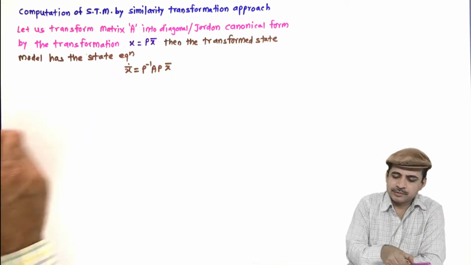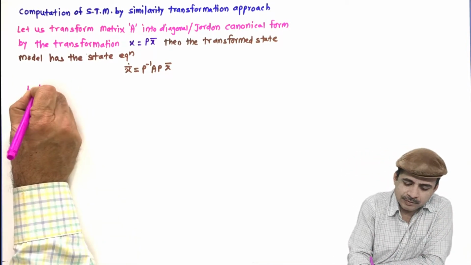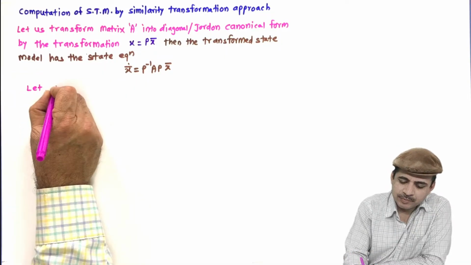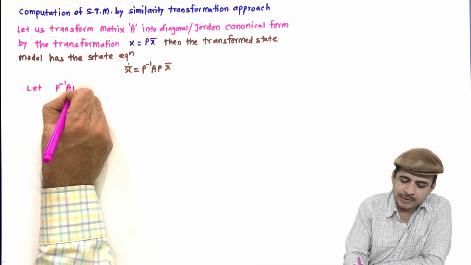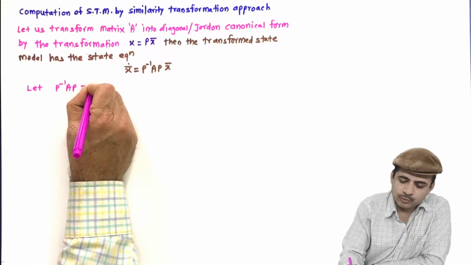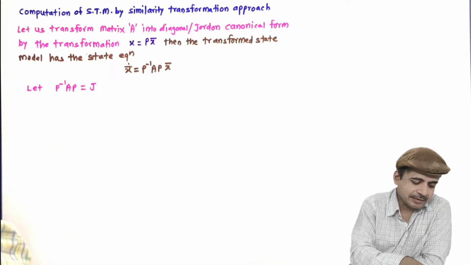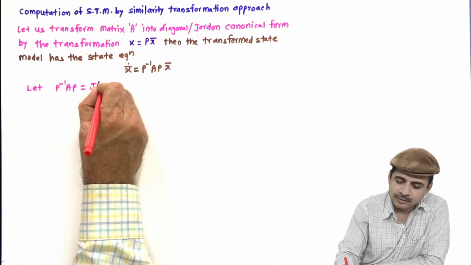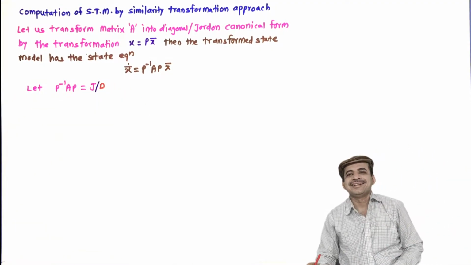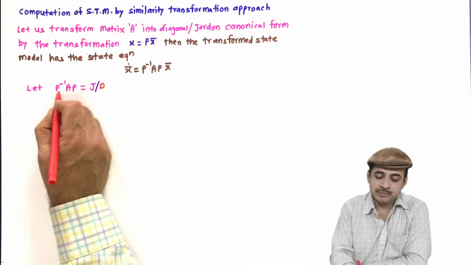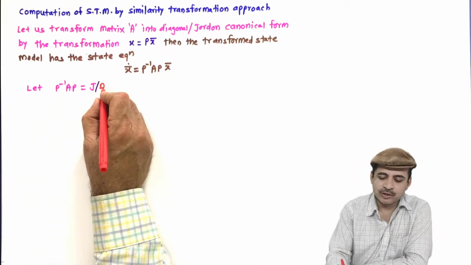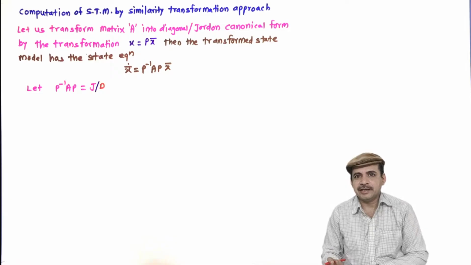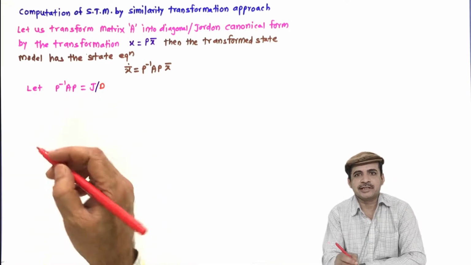Now let P inverse AP is equal to J or D. If this P inverse AP is a diagonal matrix, let us call it D, and if it is a Jordan matrix, let us call it the J matrix.